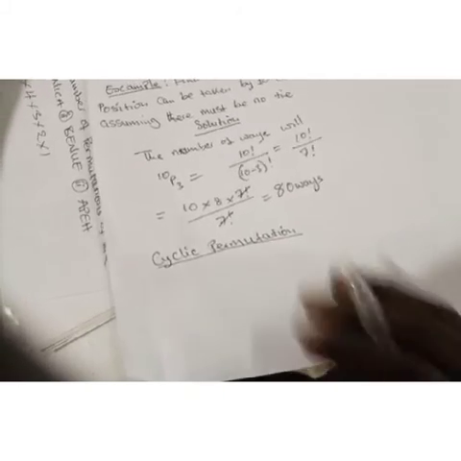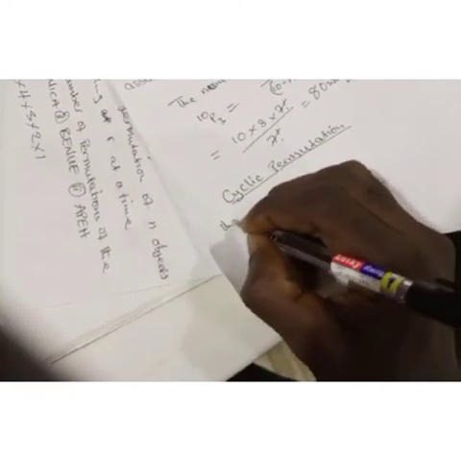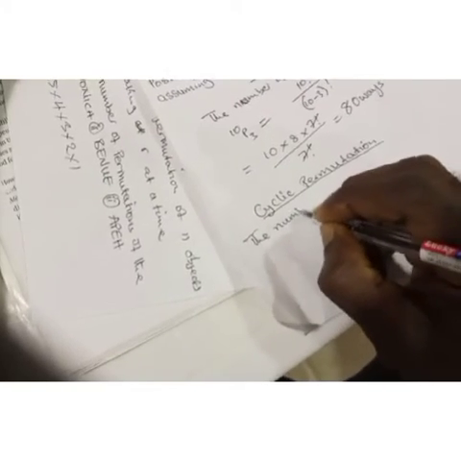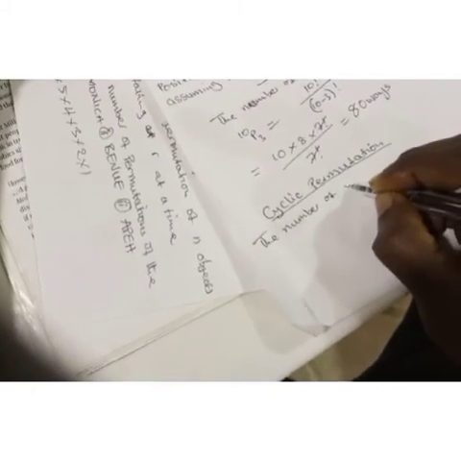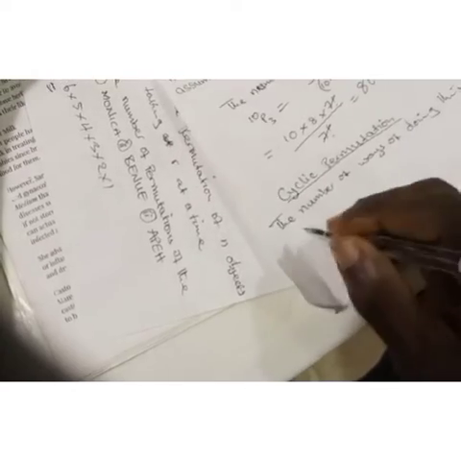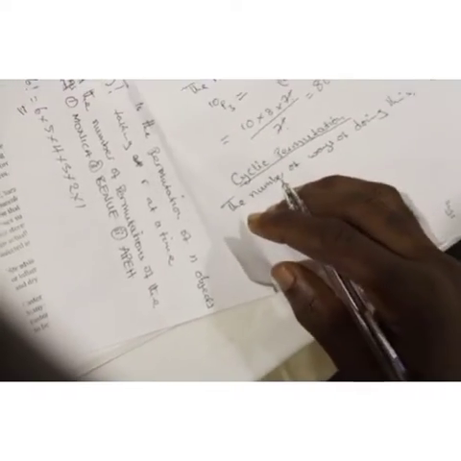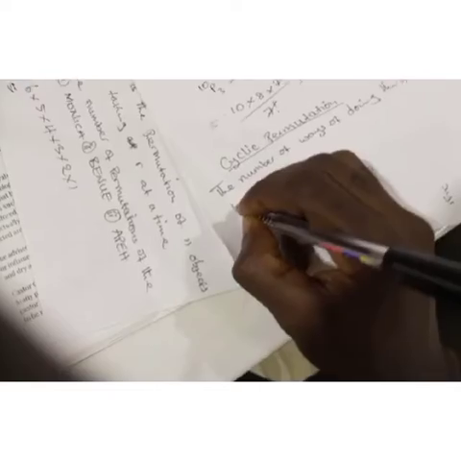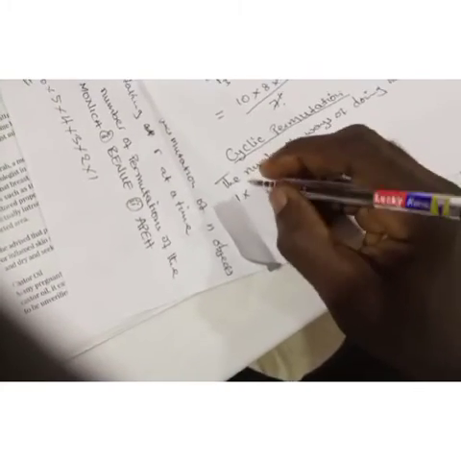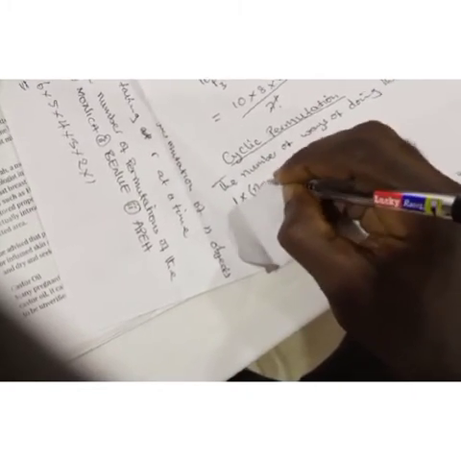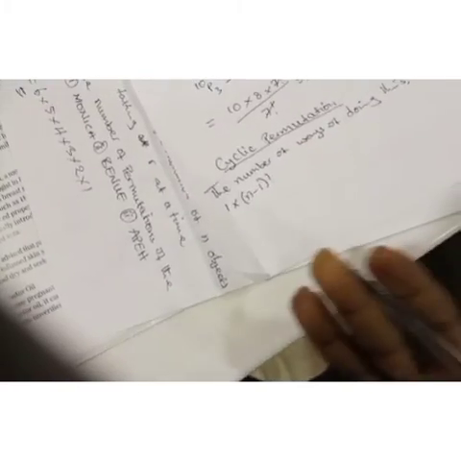So we say the number of ways of doing this is 1 times n minus 1 factorial. That's the explanation here.